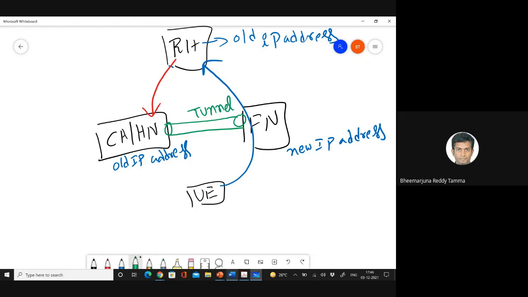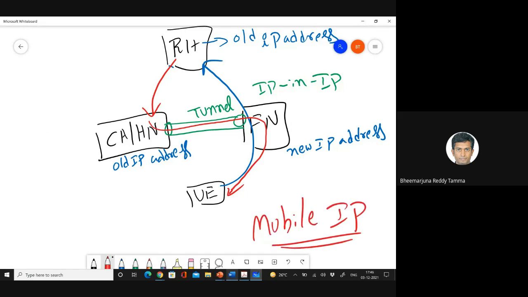So there is a tunnel using IP in IP. You establish a tunnel where you keep the packet that is coming from the remote host inside the tunnel and you send it to the foreign network. Like that you send the data, and the data will come here in the case of downlink. So this is what mobile IP is about.